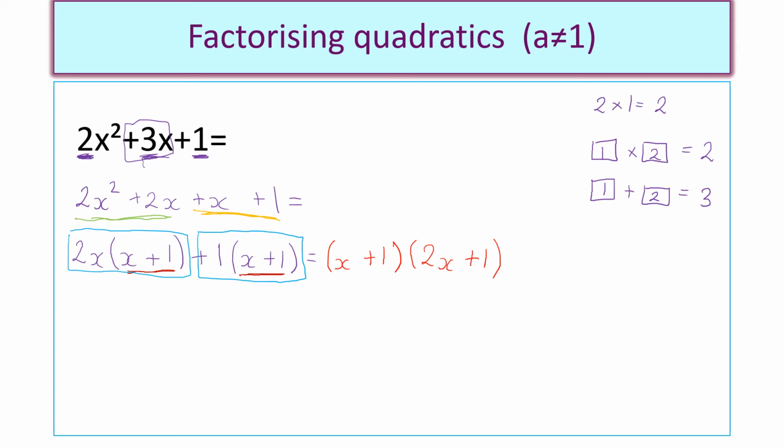I could try and expand it again just to see whether my answer is correct. I'm going to show you one more example. I know it's quite complex, so I'm going to look at one more example to see how to solve it.